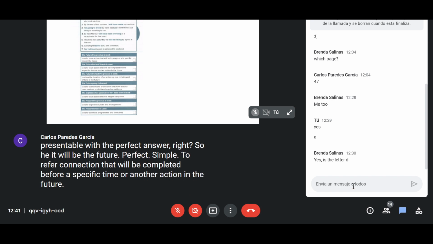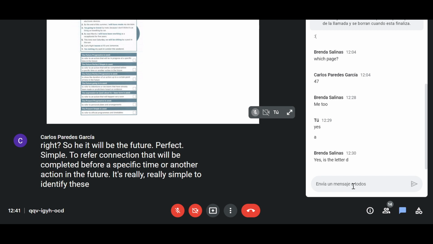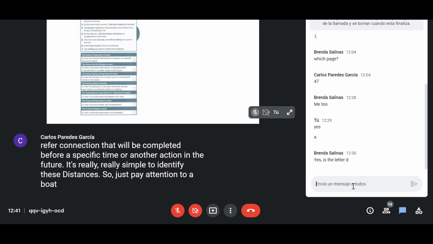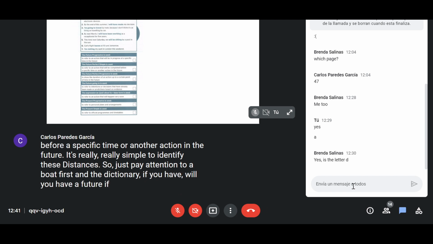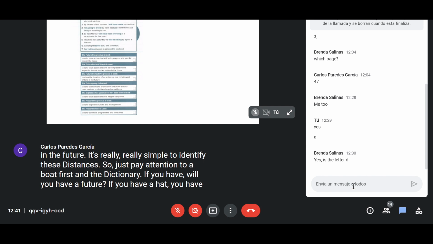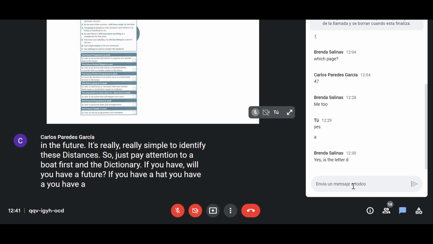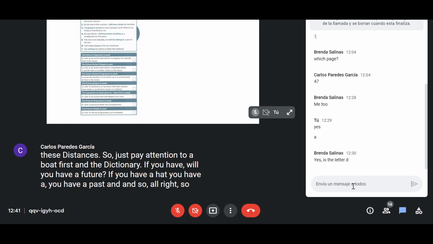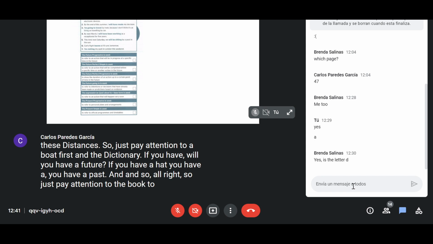It's really simple to identify these tenses. So just pay attention first to the auxiliary. If you have will, you have a future. If you have had, you have a past, and so on.